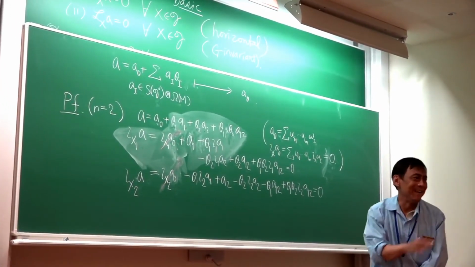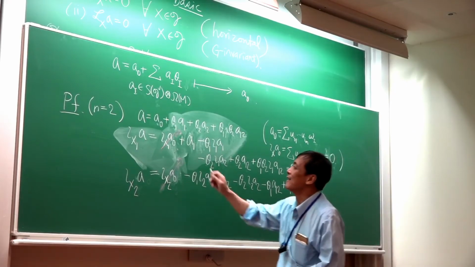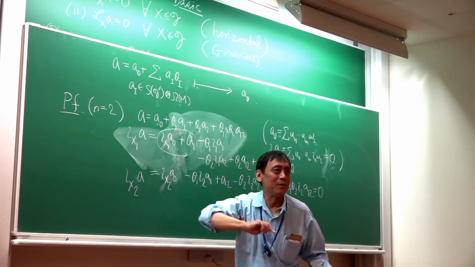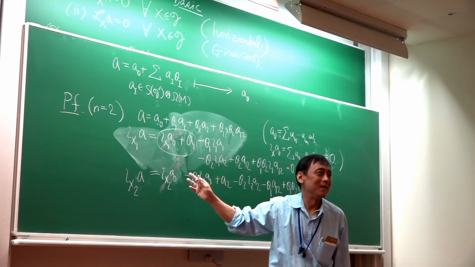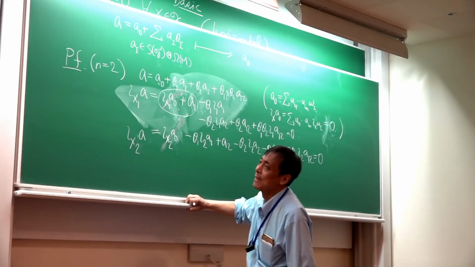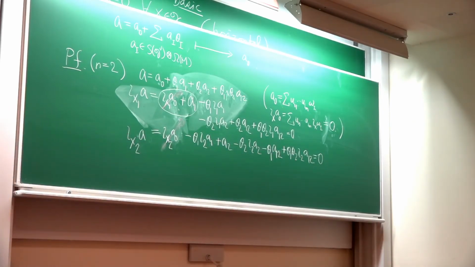Oh, of course. You're right. These two terms don't have theta in it, so there is a condition there. So I forget everything I said there. I think you're absolutely right.